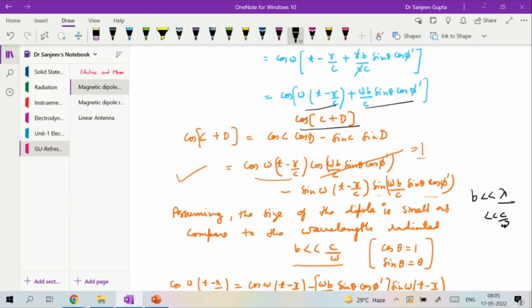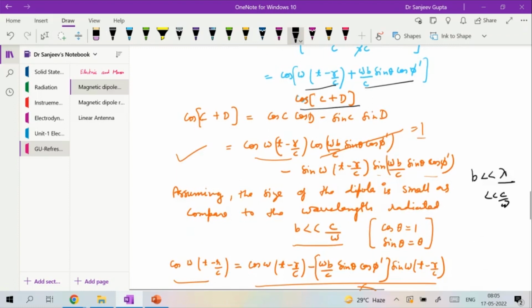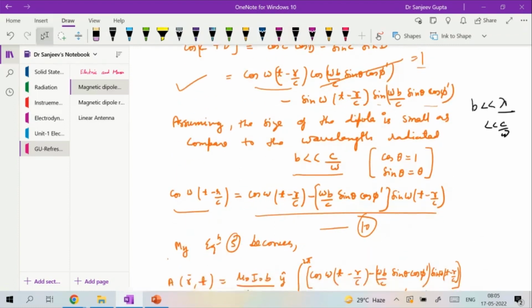So we can neglect this term. So ultimately, you can see here we can write cos omega t minus r by c minus omega b upon c sin theta cos phi dash sin omega t minus r by c.